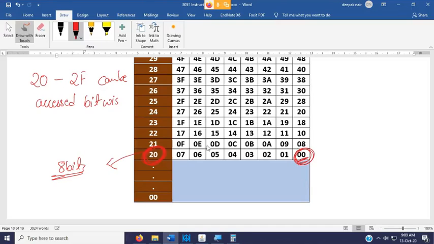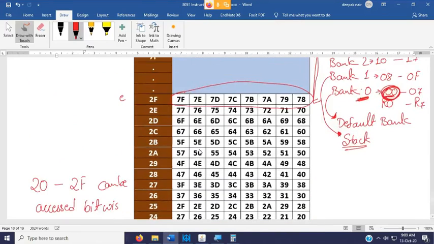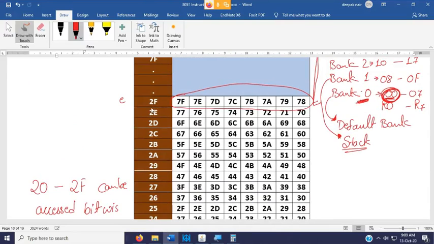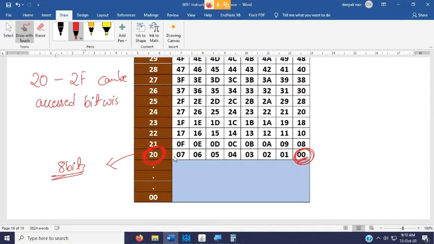Then to access the individual bits of 21, you can go from 08 to 0F. Similarly, you can increment the addresses, and when you reach 2F, 78 to 7F are the addresses for 2F. This might be a bit confusing, but try to understand that address ranges from 20 to 2F can be accessed even bitwise, meaning you can access an individual bit of that location.